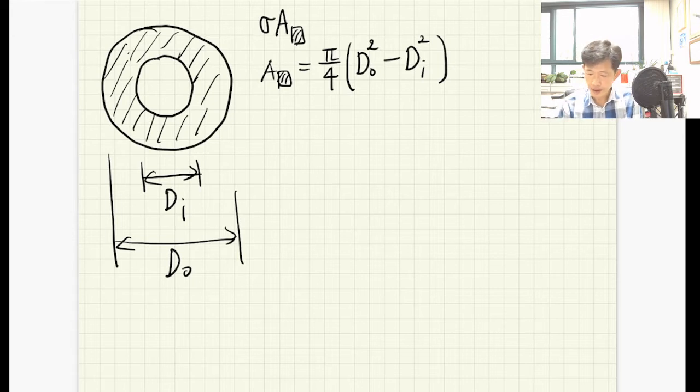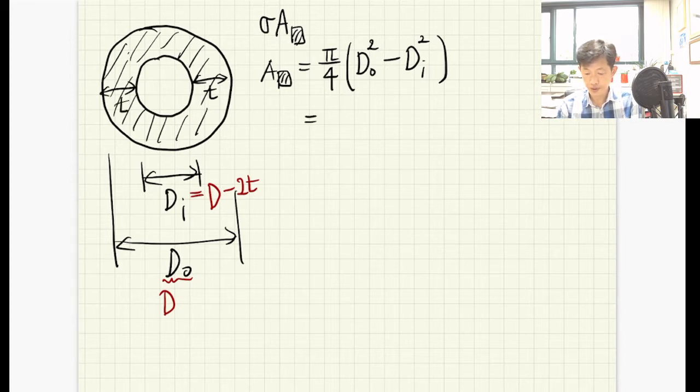First, I want to choose the outer diameter as the reference diameter, D. Then how do you represent the inner diameter? The inner diameter is the reference diameter minus 2 times the thickness. Oh, by the way, sorry, I forgot the thickness, thickness t. Okay?